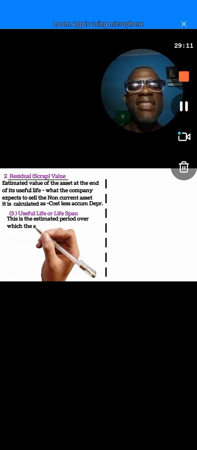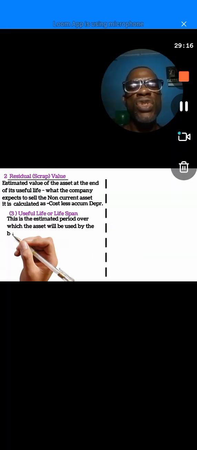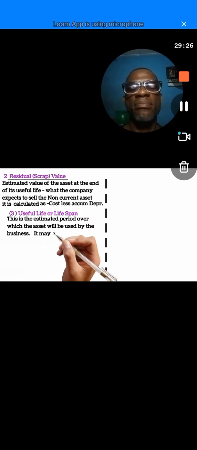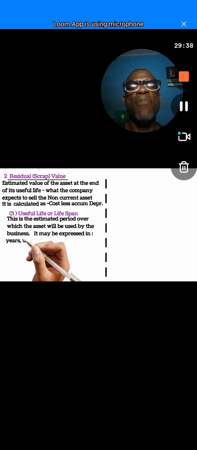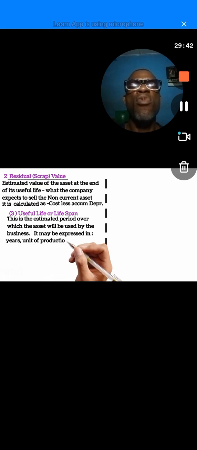The useful life of a non-current asset is the estimated period over which the asset will be used by the business. This period can be expressed in years, in hours of use, or by units of production.